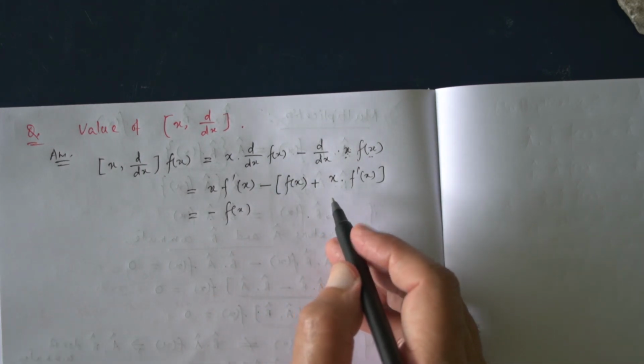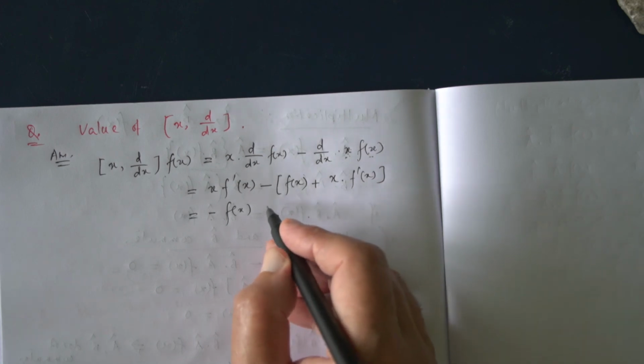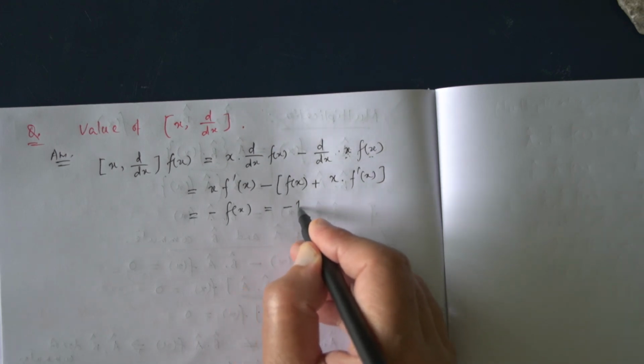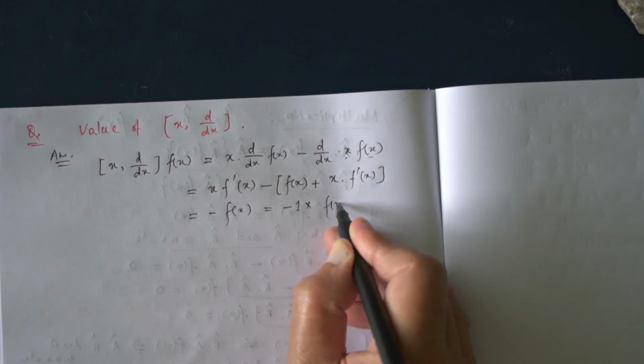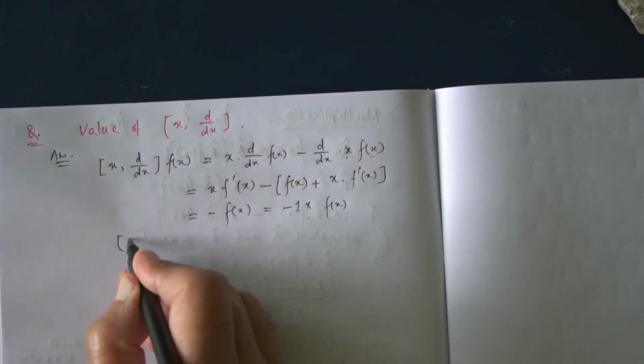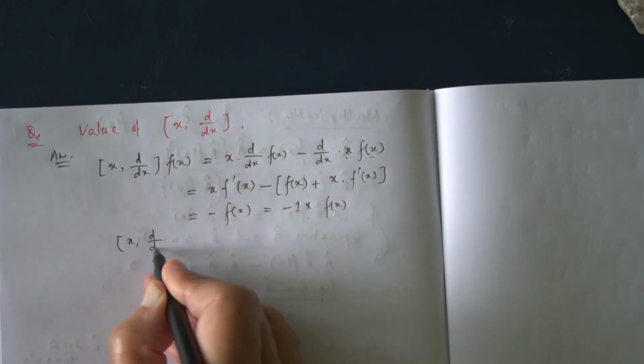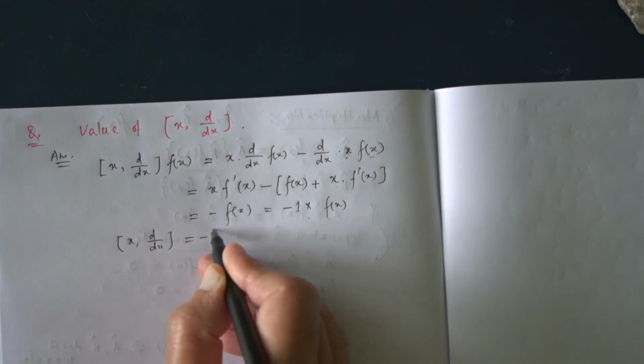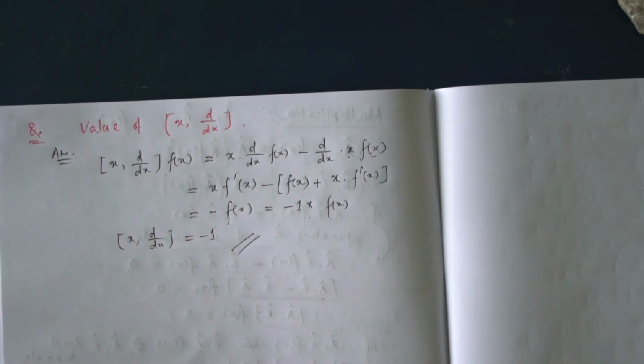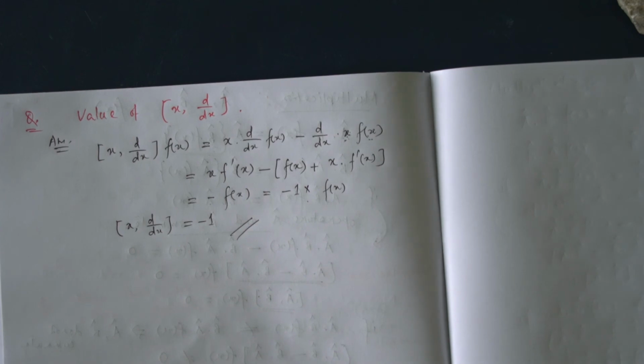This is equal to minus 1 into f(x). So the value of this will be equal to minus 1. You have to solve like this.